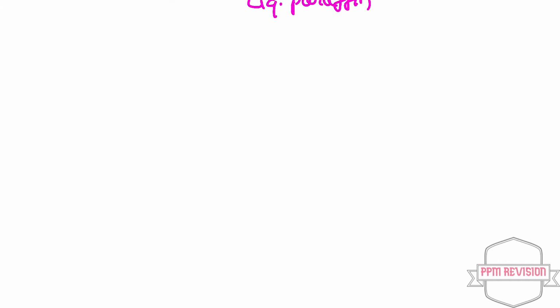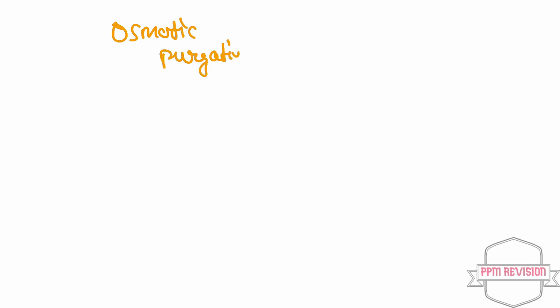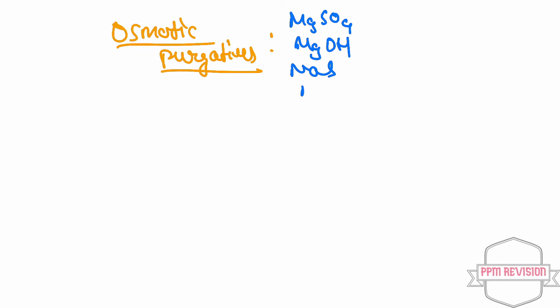Okay, now moving ahead, there are the osmotic purgatives. Under the osmotic purgatives, it includes magnesium sulfate, please ignore the valency, and then there is sodium sulfate, and then sodium phosphate, then there is also sodium potassium tartrate.